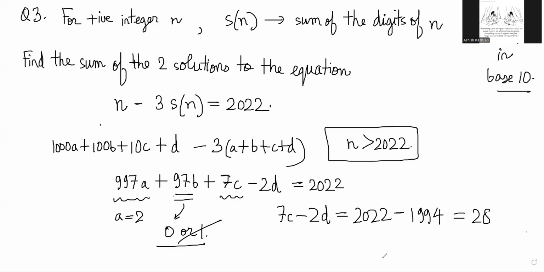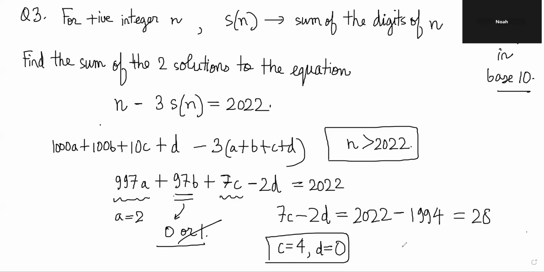Then from there, I just said that you can get C equal to 4 and D equal to 0. That's the obvious solution. And then obviously C needs to be even because of the parity. So C equals 6 and D equals 7.